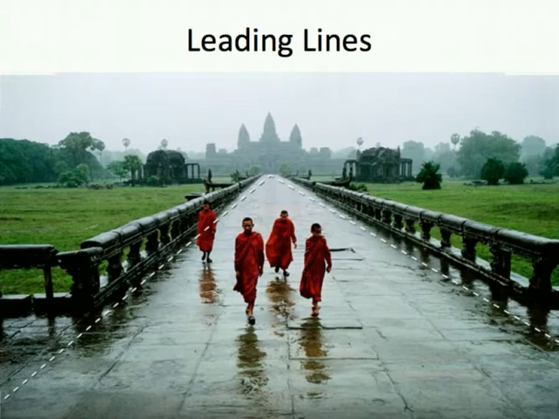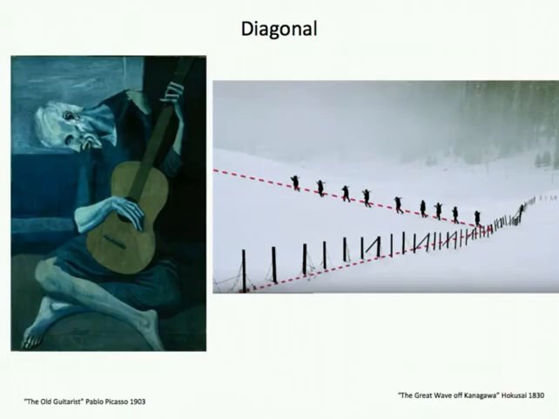Leading lines are very good within compositions. They're dynamic and they create a strong sense of depth within the frame. Diagonals. Including diagonals within compositions is something that I like to do.